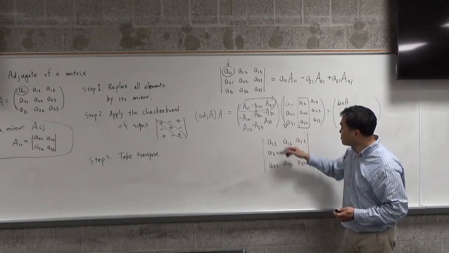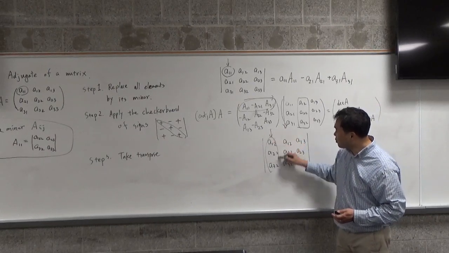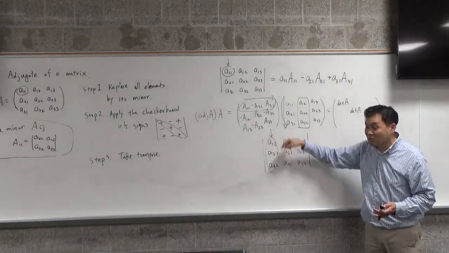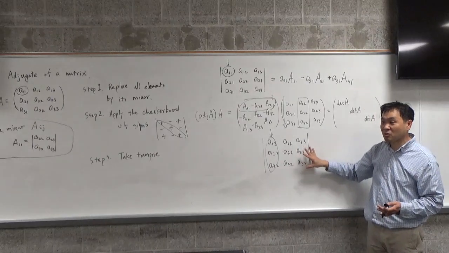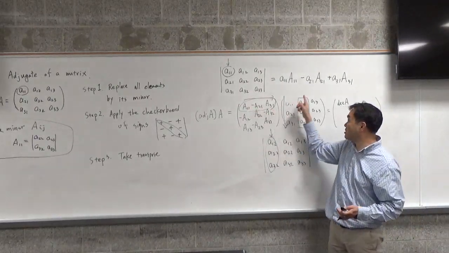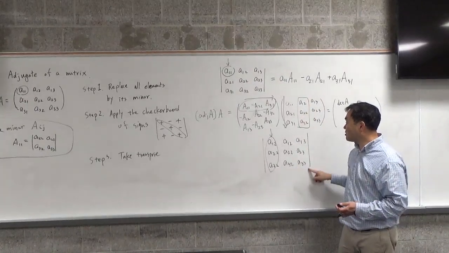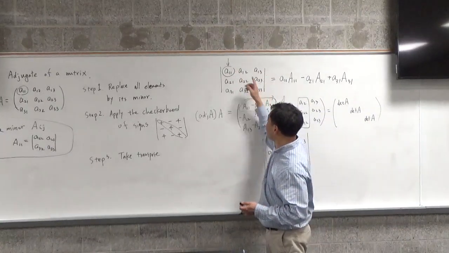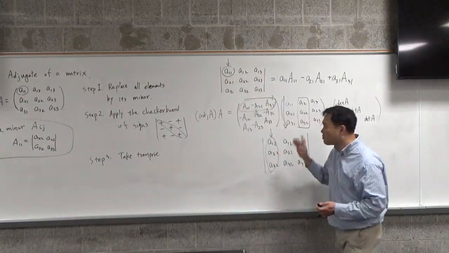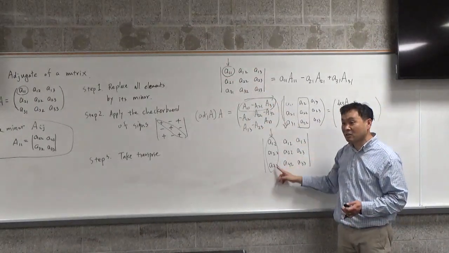It will be the same as this determinant with column expansion this way. You can check that the column expansion gives exactly the same formula as this times this. But look at this. This is like the original matrix determinant where the first row is now replaced by the second row. The first column is replaced by the second column, right?